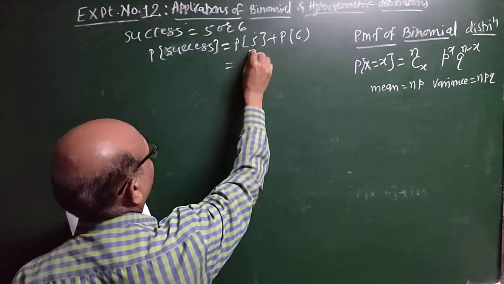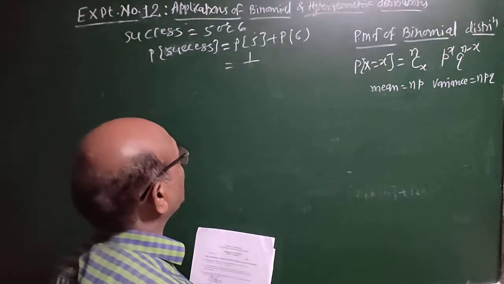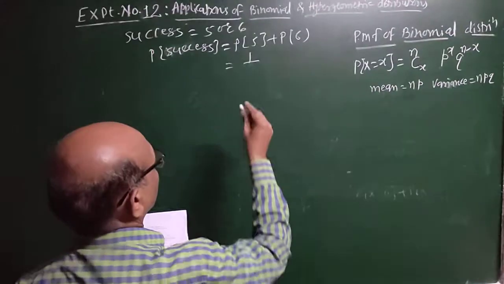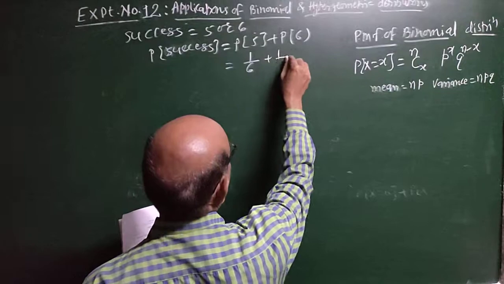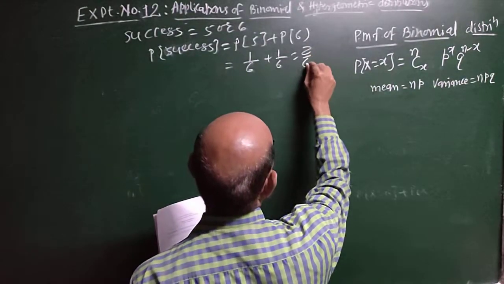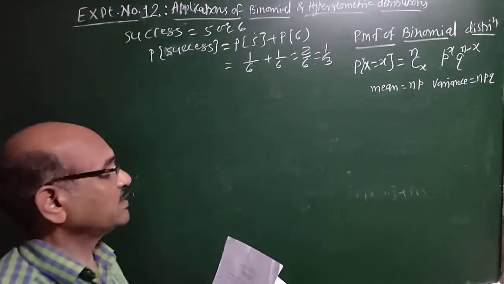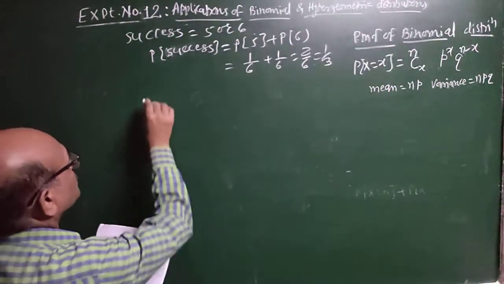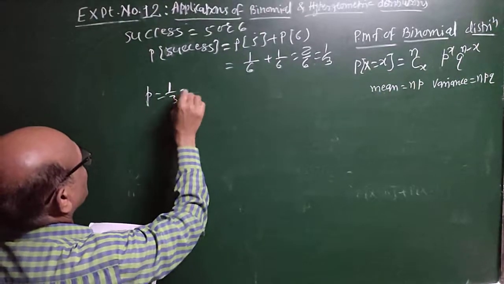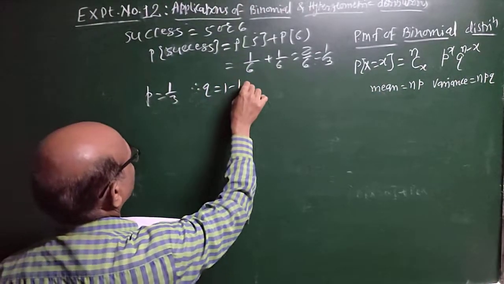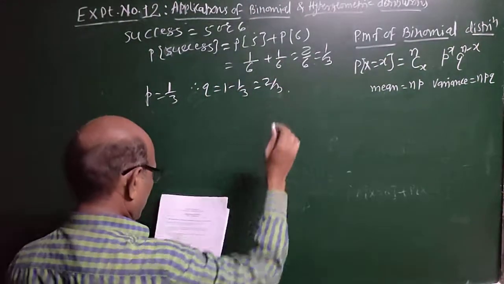In a die throwing experiment, probability of getting any one number is 1 by 6, and this is also 1 by 6. So 2 by 6 is the probability, that is 1/3. That is the probability of success p. So p equal to 1/3, therefore q equal to 1 minus 1/3, that will be 2/3.